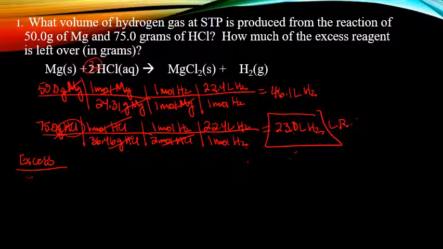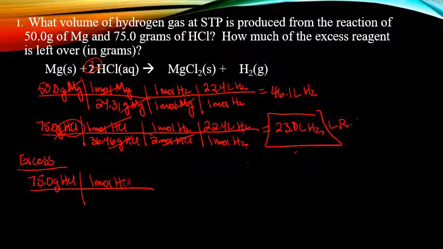So I'm going to take the 75.0 grams of the HCl, and I'm going to convert it into grams of magnesium. So I would have 1 mole of HCl being the equivalent of 36.46 grams of HCl.